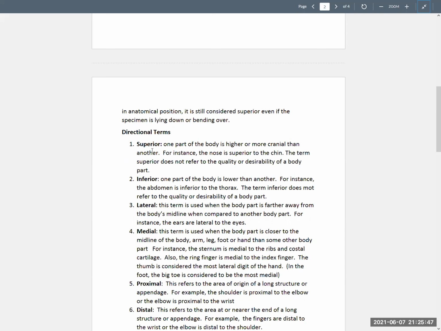In other words, doesn't mean bad and good. It only means in height, in anatomical position. Obviously, we could take somebody and stand them on their head, and their head is still superior to their abdomen. So it doesn't matter the orientation of the person finally. We still use anatomical terms.